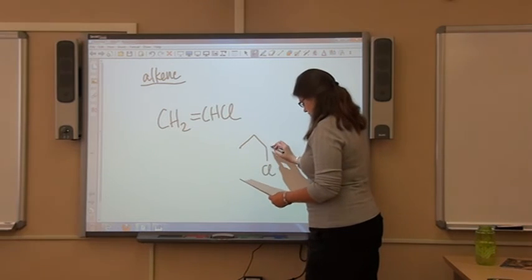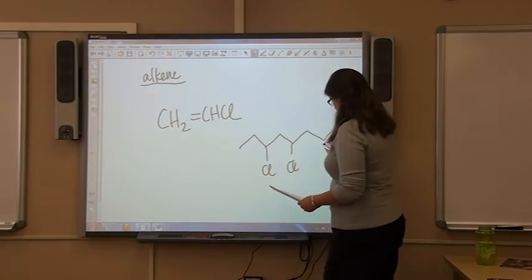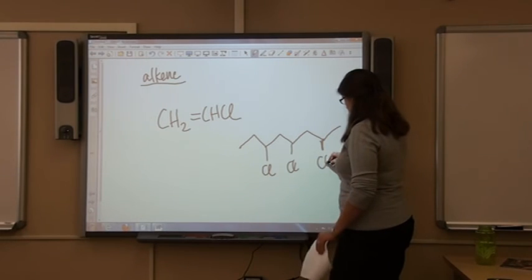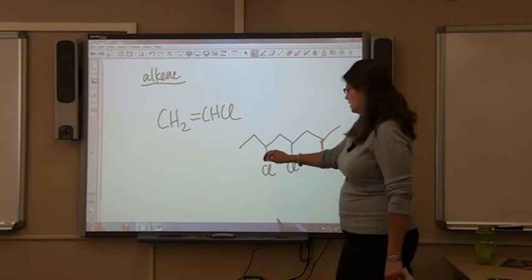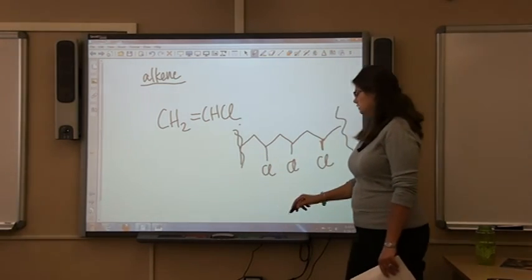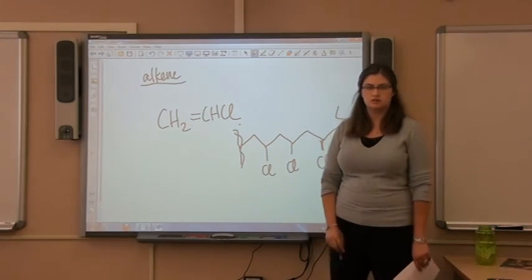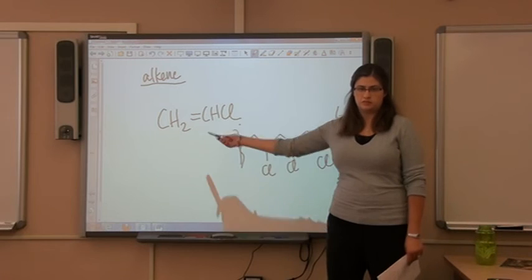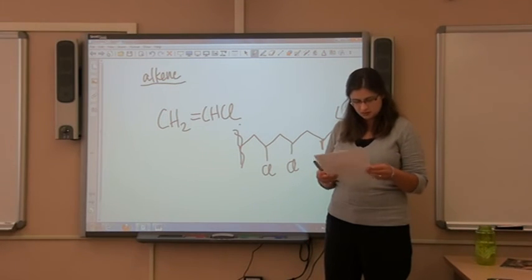PVC is polyvinyl chloride. This is one of the repeating patterns of polyvinyl chloride. This is how it starts out. So that's how you can make PVC, from this alkene. Just a little tidbit.